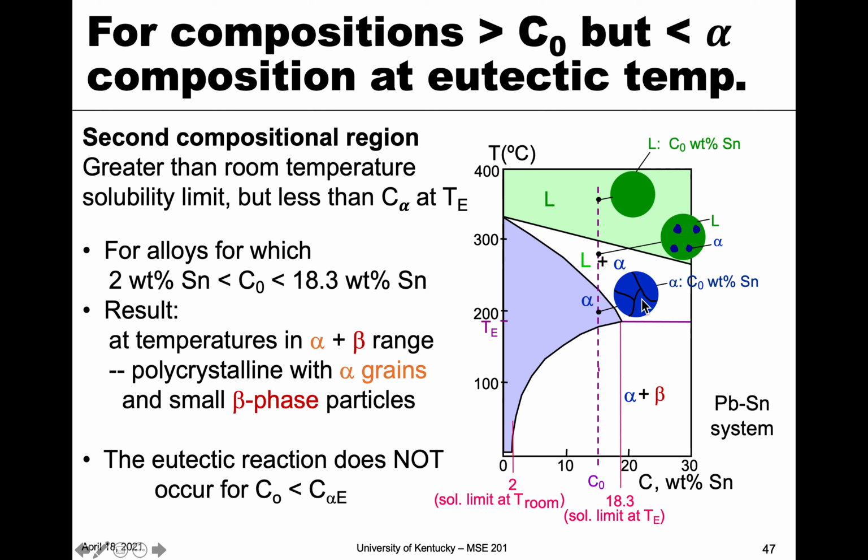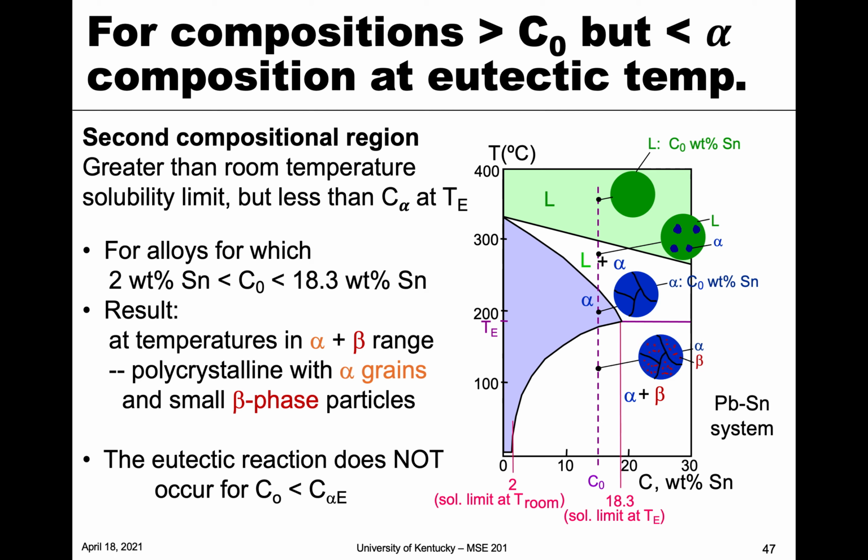But here comes the difference between what we just saw. Here, if we keep decreasing the temperature, we see that we fall to the right of the solubility limit, which is this line, right? The solvus. And so what that means is that alpha is going to come down here into the lower temperatures, and this diagram tells us that alpha plus beta should be stable.